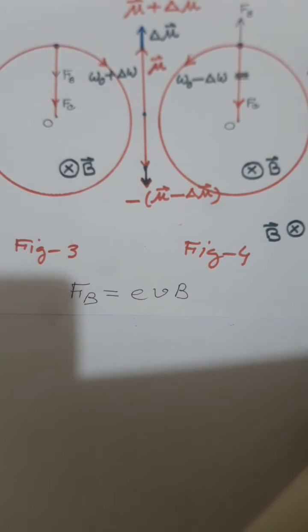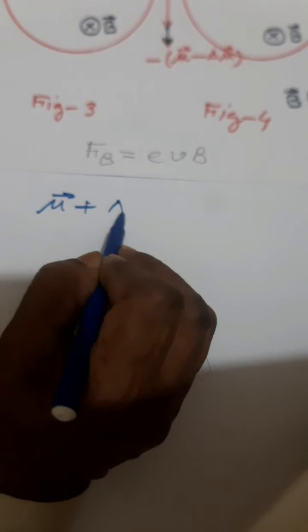As a result, the angular velocity and thereby the magnetic dipole moment of the first electron are increased. Then the new dipole moment of the first electron is mu plus delta mu.